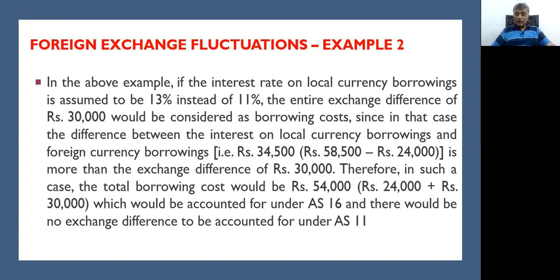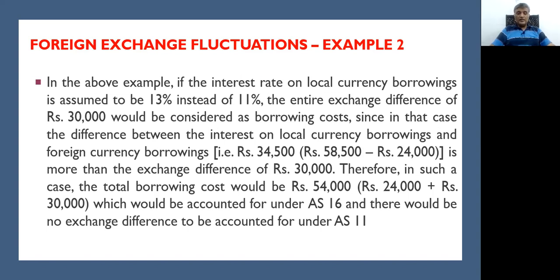So if you work out 4,50,000 into 13%, you will get 58,500 minus 24,000, which is the interest on the foreign currency borrowing. If you see the difference, it is 34,500. But if you see the entire exchange difference, it is only 30,000, right? So we need to account the entire exchange difference of 30,000 under AS 16.